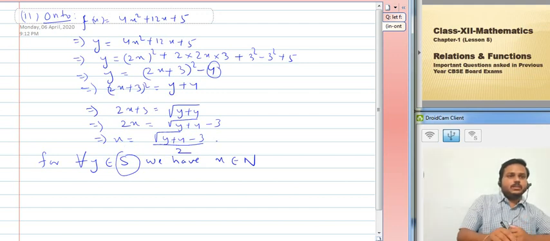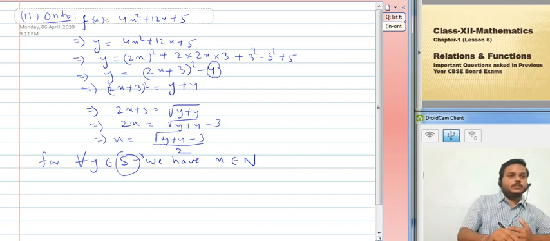Suppose I need x to be a natural number. If I take 12 there, 12 plus 4 is 16, root 16 is 4, 4 minus 3 by 2 is not a natural number. So I will not include that element in S, but I can take some elements in S for which this will be a natural number.